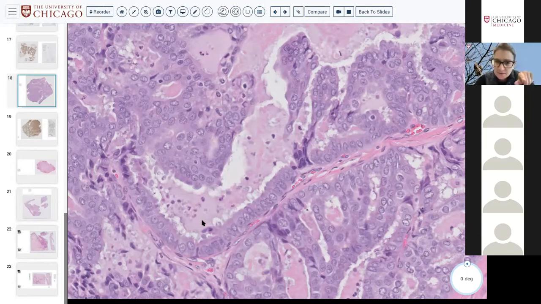In this case, whatever this material is, it's extracellular. And sure, it might be mucin, but it's kind of useless, because when you're trying to identify the histologic type of a tumor, whatever material you're trying to identify should be in the cytoplasm. If you're trying to identify mucin in the cytoplasm with a mucicarmine stain or a PAS diastase, it should be intracytoplasmic.